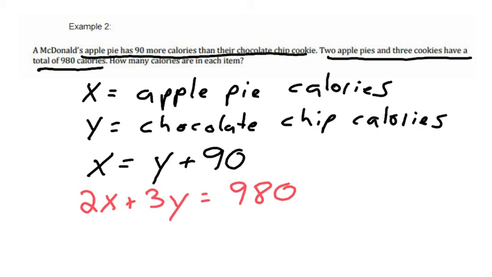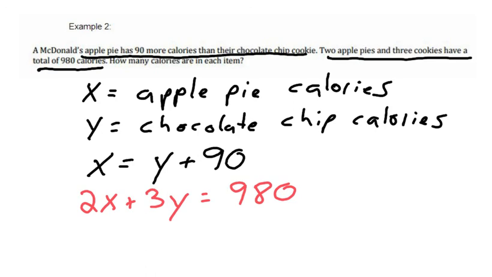I'm saying that an apple pie is a cookie plus 90 calories. Okay, apple pie has 90 more calories than a chocolate chip cookie. Okay, 2 apple pies, 2x, plus 3 cookies, 3y, total of 980 calories. Okay, I've got 2 variables, I've got 2 equations. This looks pretty good, and it makes sense.